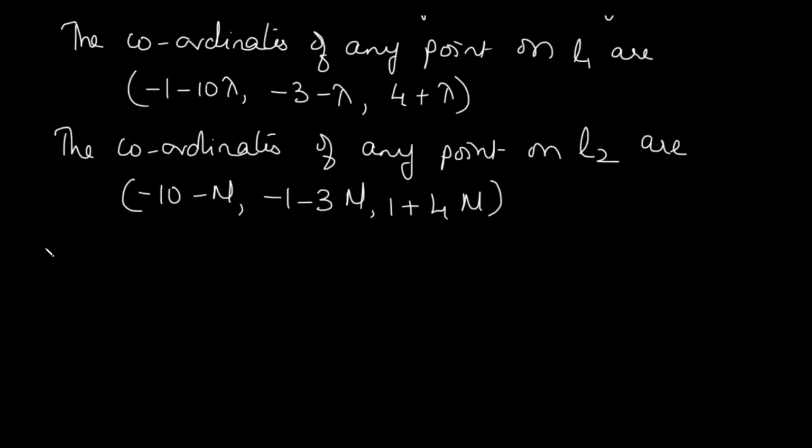Both of them will intersect each other if the coordinates are the same, if a point on one line is equal to a point on the other line. So if the coordinates are the same, that means the lines L1 and L2 intersect.